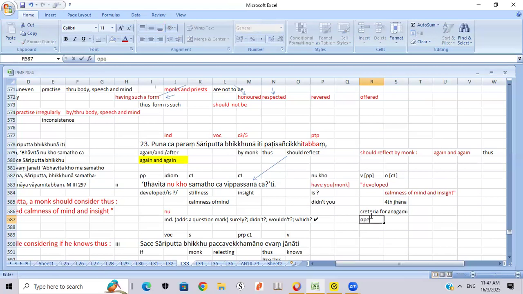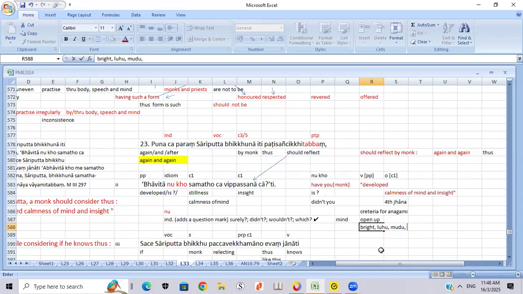open up. It's bright. The mind is open up. It's bright. Luhu, light. Luhu is light. Mudu is soft.